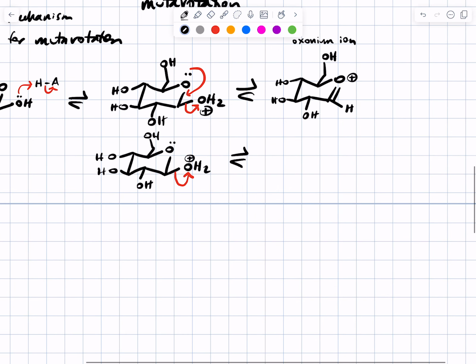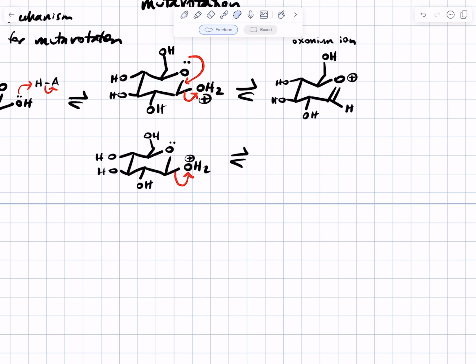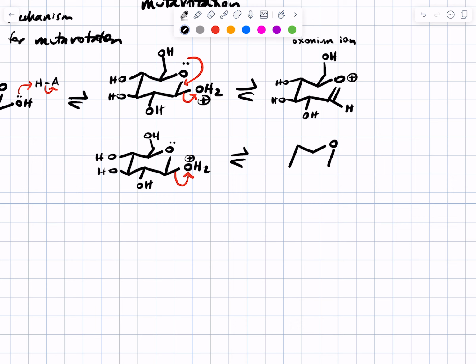Now, some of you are going to worry about the distinction between what I drew up here, where the lone pairs on the oxygen are the kicker-offer, and what I've drawn down here, where the OH group just up and leaves. I'm going to argue that there is no distinction, that those are exactly the same mechanism.